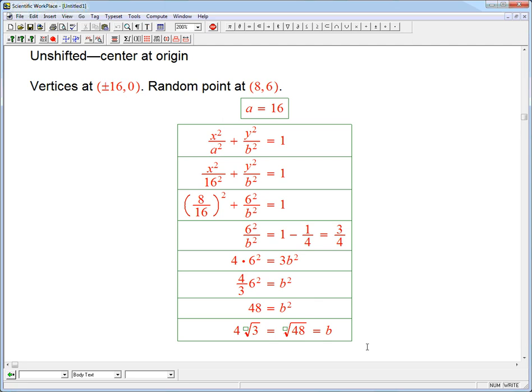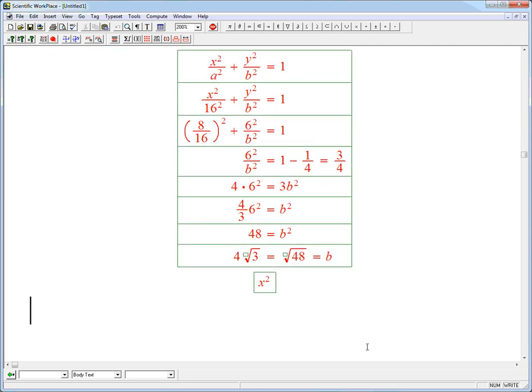So our equation is now going to be x squared over 16 squared plus y squared over 48 equals 1. If I wanted to write that 16 squared as 256, I could, but I'm going to leave it as 16 squared. It's kind of up to you. I'm sorry, that's a y squared. There we go. So there's our equation.